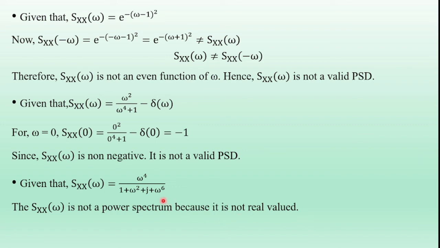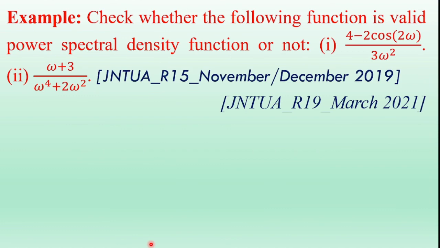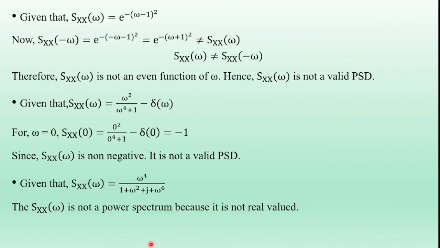It means in the denominator term, a j imaginary part is there. Because of that, the given power spectral density is not a valid power spectral density.